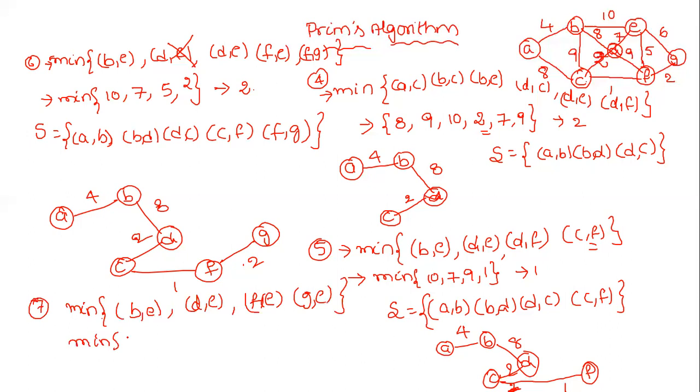Those are from B to E is 10, D to E is 7, F to E is 5, G to E is 6. So among all these edges, 5 is minimum.